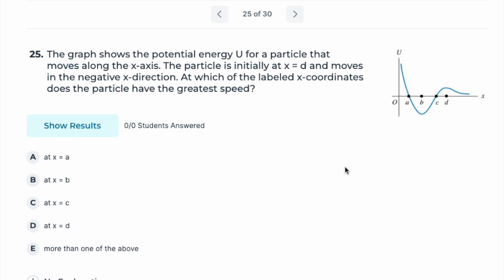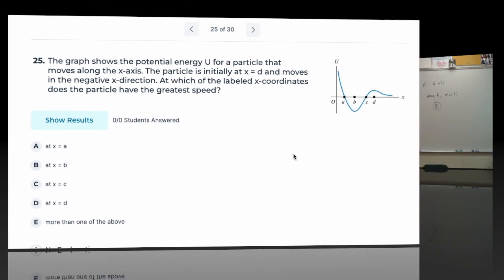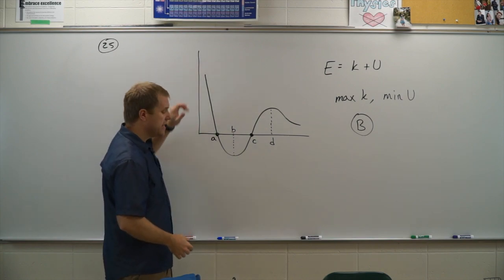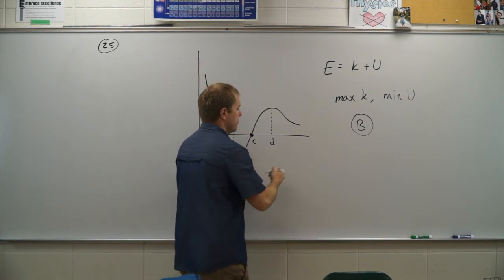The graph shows the potential energy U of a particle that moves along the x-axis. The particle is initially at x equals d and moves in the negative x direction. At which of the labeled coordinates does the particle have the greatest speed? All right, so we're looking at our potential energy function. Let's put some bounds on that.